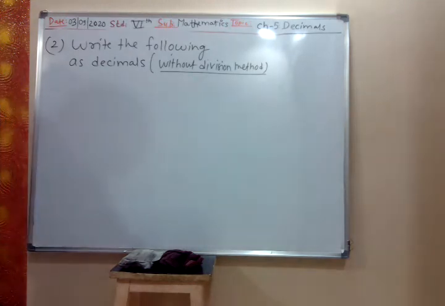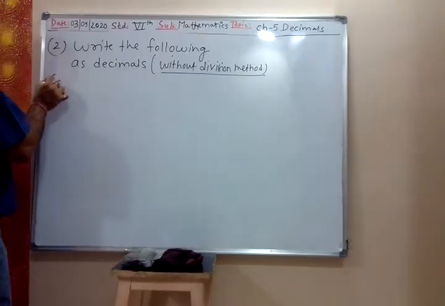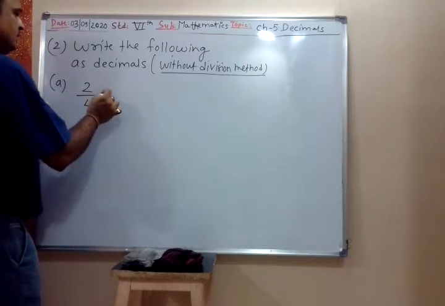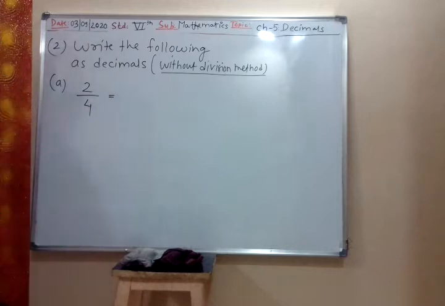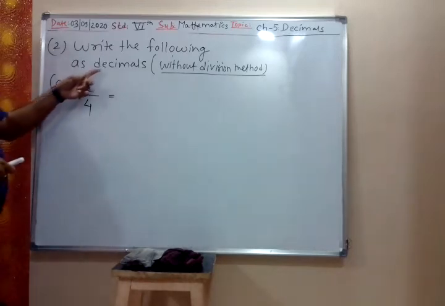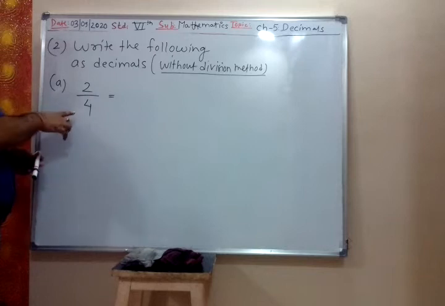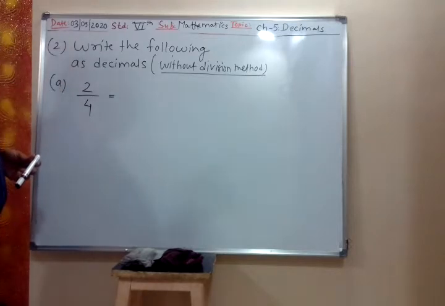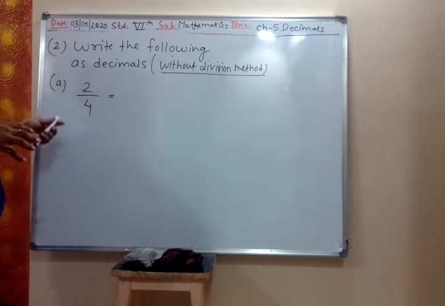Now first it is A, 2 by 4. To convert them into decimals, we convert the denominator to either 10 or 100 or 1000, 10,000.